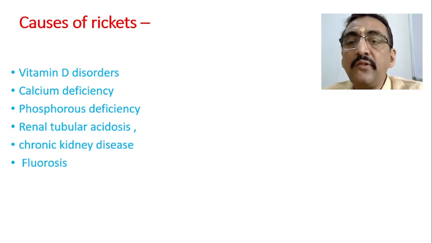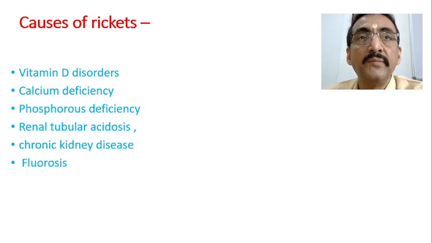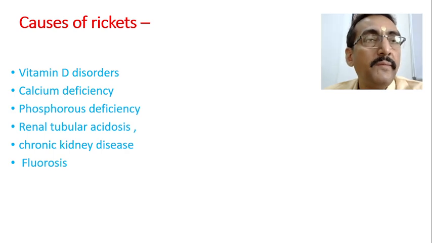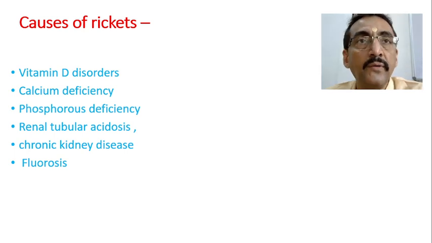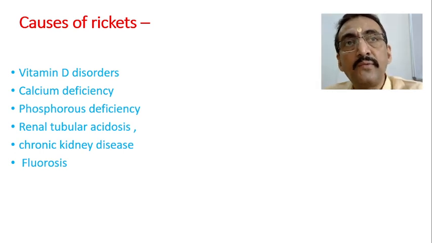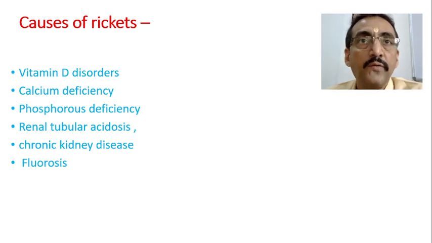And one more is renal tubular acidosis. We know that for vitamin D formation and calcium absorption the renal system plays a very important role. The PCT, the proximal convoluted tubule area, plays a very important role. If renal tubular acidosis is there, a conducive environment is not there in the renal area for the production of vitamin D, and also for the absorption of calcium and phosphorus from the urine.